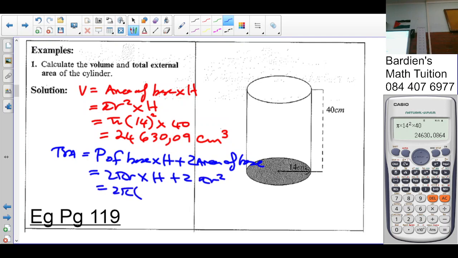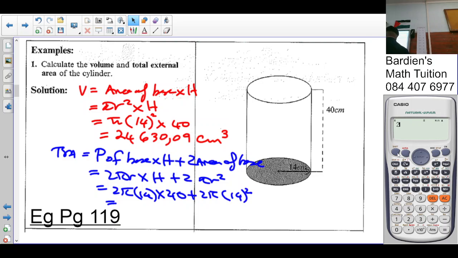So it's 2 pi, my radius is 14, my height is 40, plus 2 pi, my radius is 14 squared. Put that in the calculator: 2 pi times 14 times 40 plus 2 pi times 14 squared.